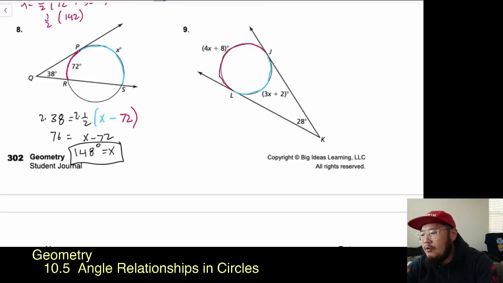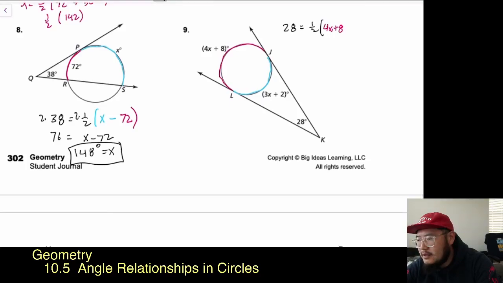The setup will be 28 equal to 1/2 the measure of the outer, which is 4x plus 8. And then we've got to be careful right here, because actually let me use double parentheses, because we have one term and then we have minus the inner term right here, and we have 3x plus 2.